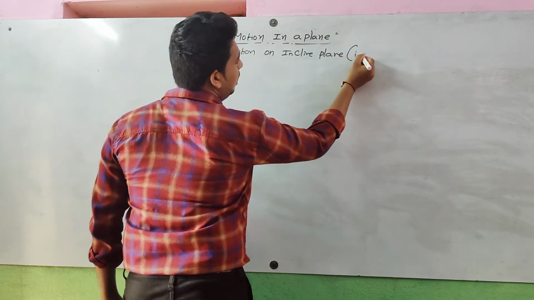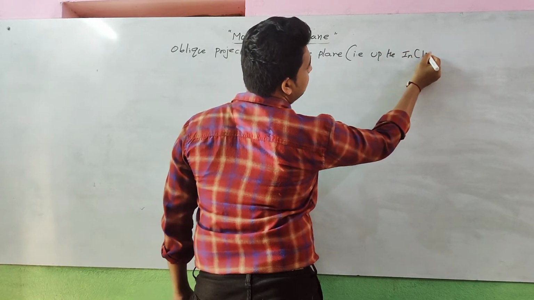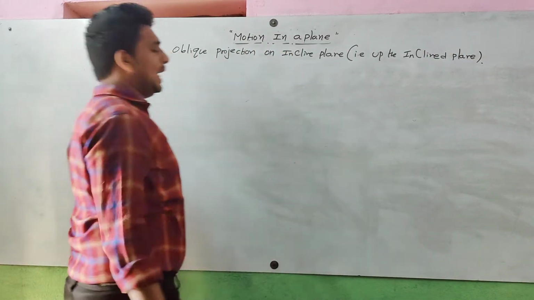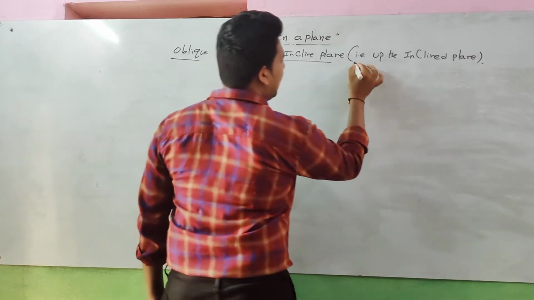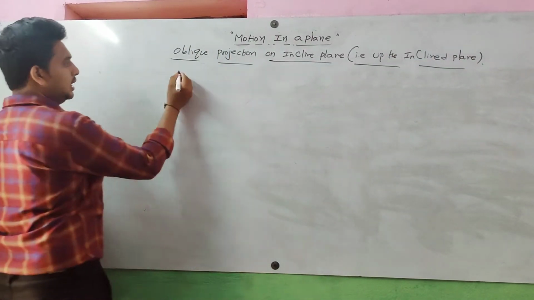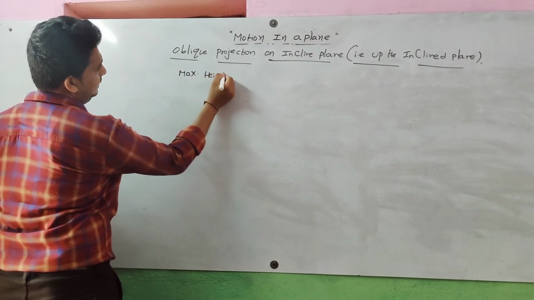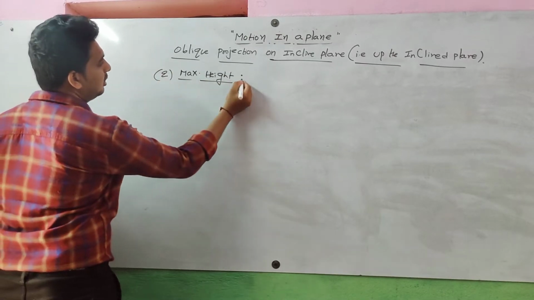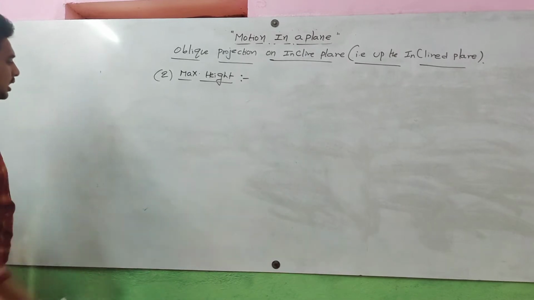Already we discussed the time of flight derivation. Now, how to find maximum height? There are three parameters, and the first parameter I already discussed.